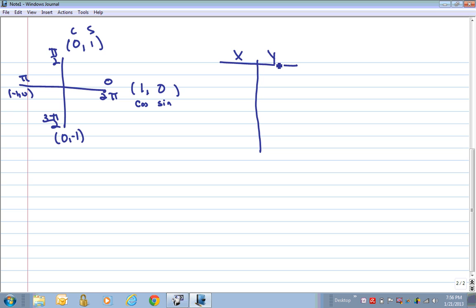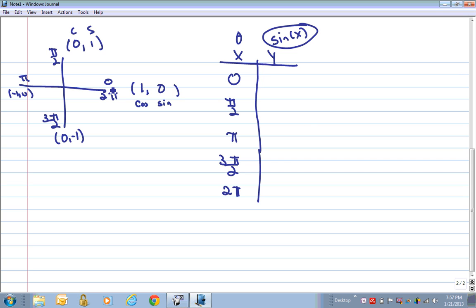Our x values, if we snipped our circle and stretched it out, would be our theta values, which in this case would be our 0, our pi over 2, our pi, our 3 pi over 2, and our 2 pi. Okay, so those would be our x values, or our theta values, and y would be sine of x. And in a minute we could do a table with cosine x, and we'll do that. But right now we're going to talk about sine x. So our sine x value would be our y values.